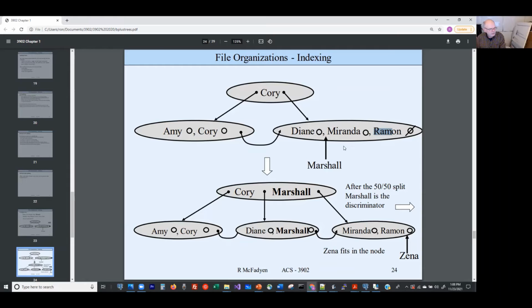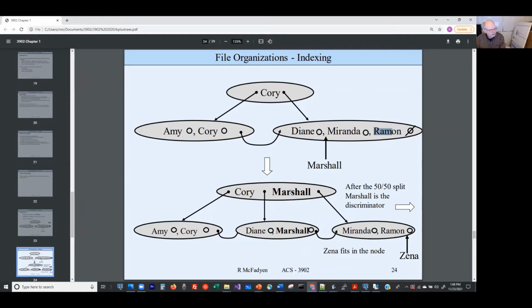And then the high key value in the left sibling is promoted to or copied to the parent. And we'll end up with Corey and Marshall being up here. And that's what we see depicted down here. So here we have Amy, Corey, Diane, Marshall, Miranda, Raymond, all chained horizontally in ascending key sequence.